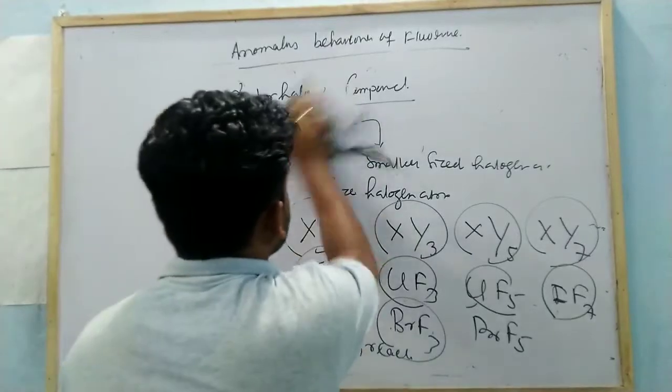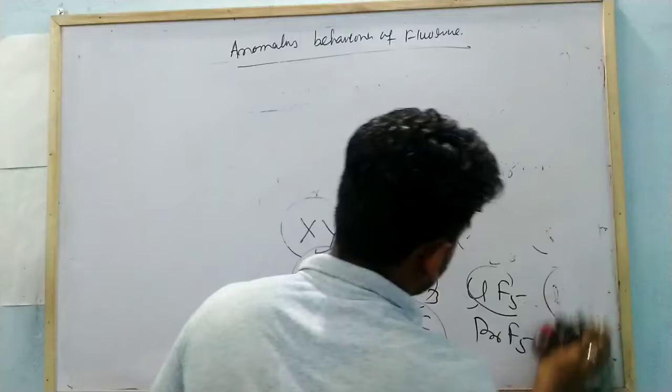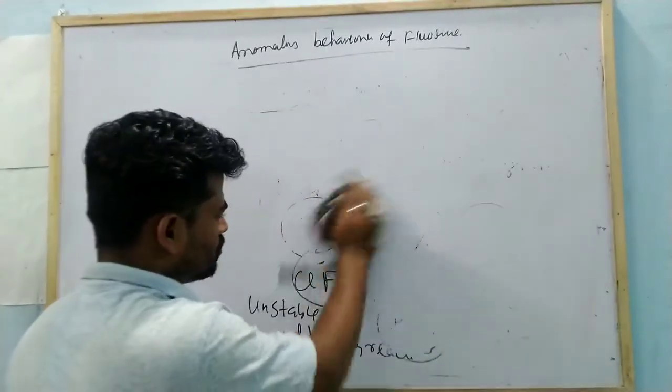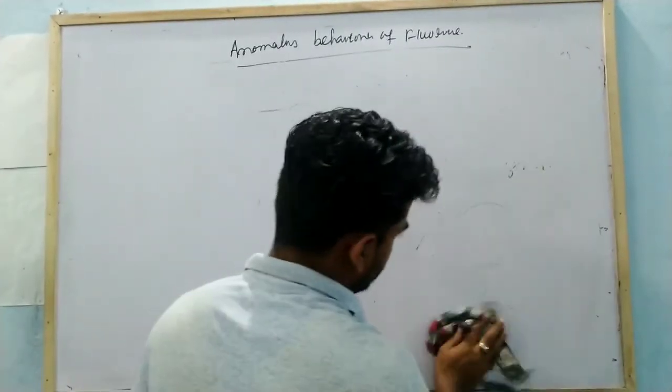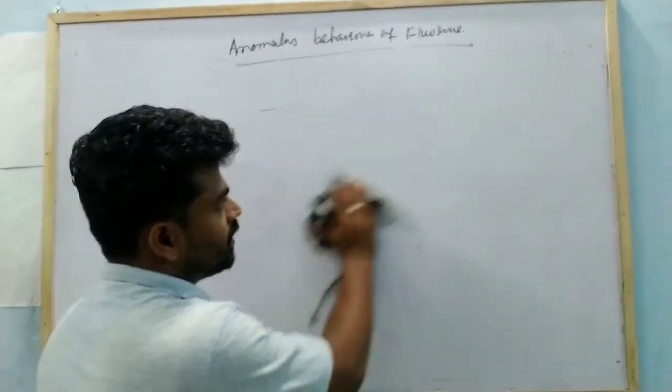Next we should go through the different uses of halogen atoms. We should not spend more time on their uses. It is available in your NCERT book or in different books.